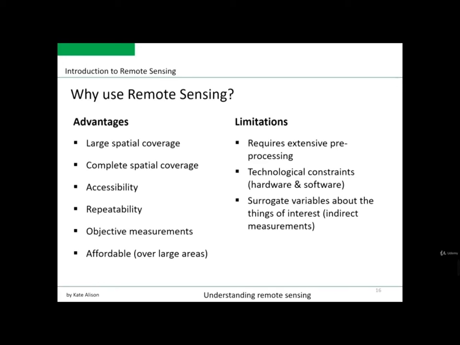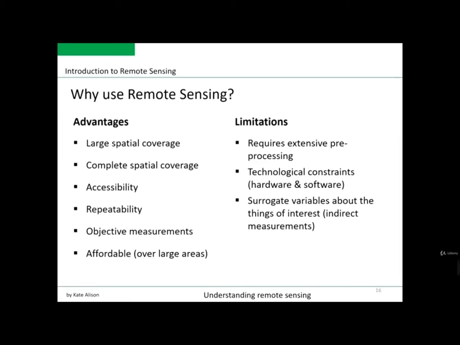Nevertheless, the user always has to check the level of the satellite data products that he or she intends to use, because sometimes you have to do other corrections, for example, atmospheric or geometric corrections.